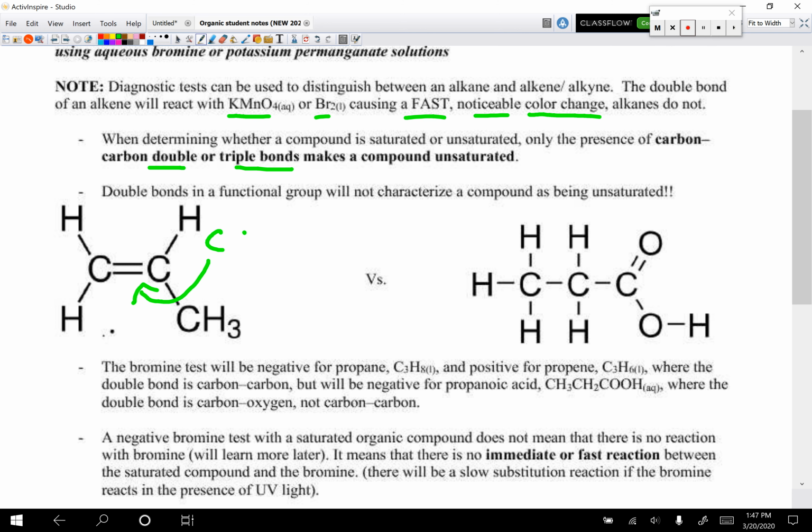So this is a carbon to carbon, I'm not going to spell out carbon twice, let's go just C to C double bond. So this molecule right here will give a positive result to the diagnostic test. Now this one right here, notice how this is a carbon to oxygen double bond.